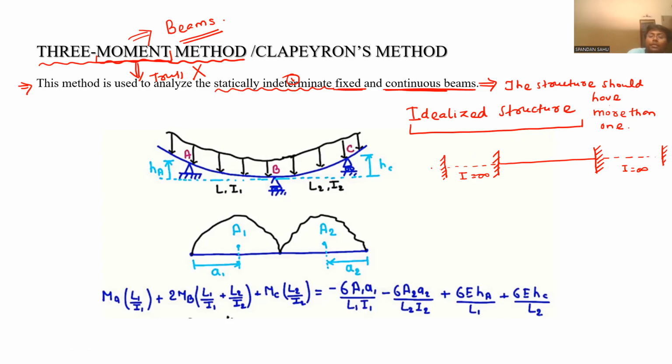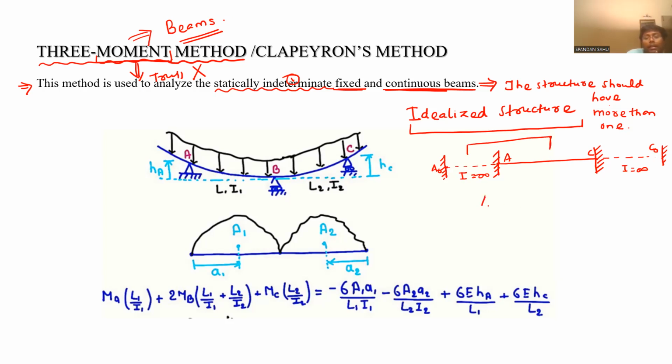Here, suppose A naught, this is A, this is suppose B, and C naught. Now see, here there will be a moment, here there will be a moment, and here there will be a moment. At a time, you have to consider two spans.